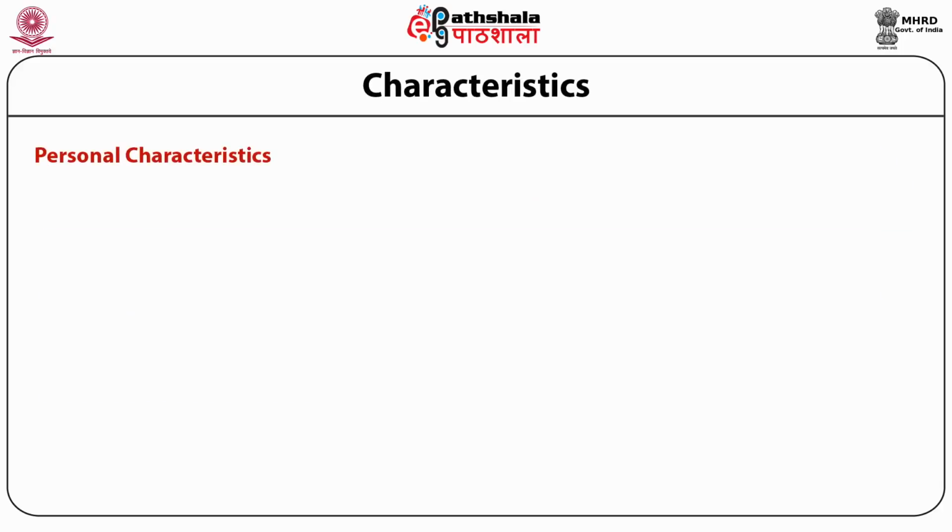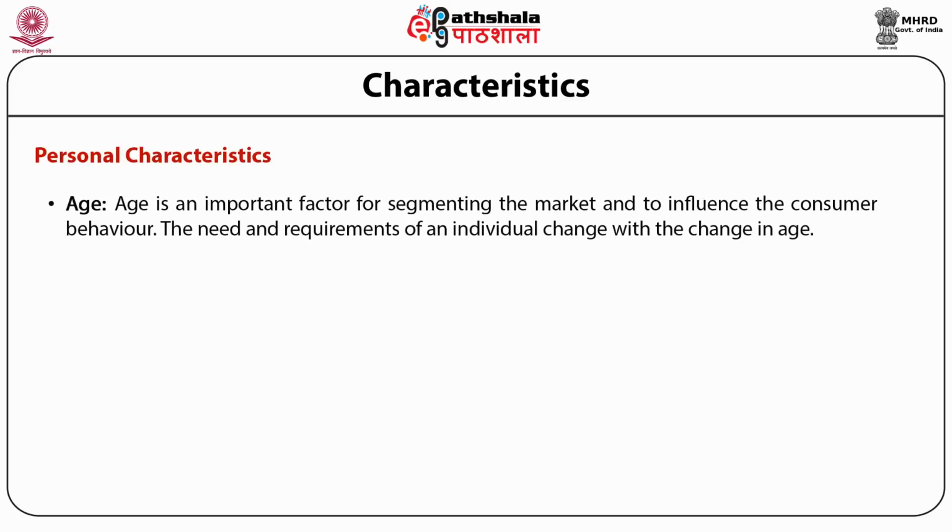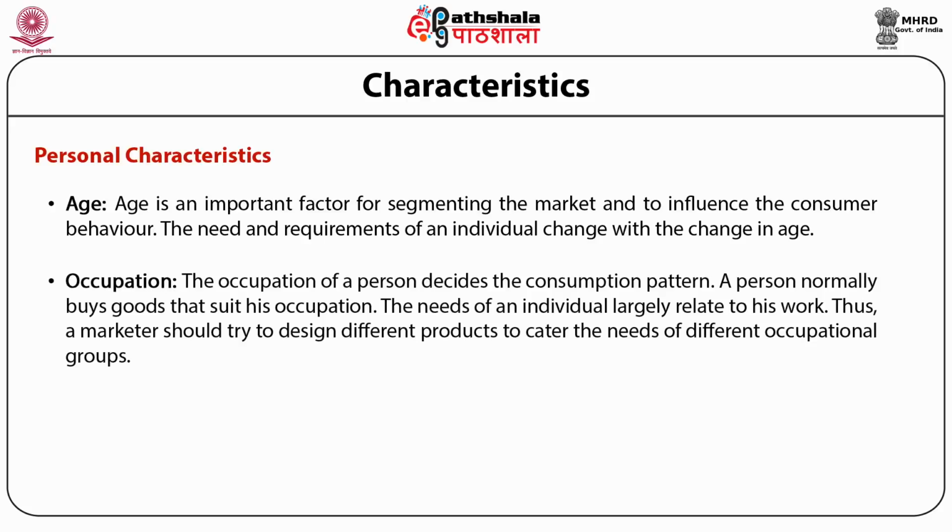Personal characteristics. It includes age. Age is an important factor for segmenting the market and to influence consumer behavior. The needs and requirements of an individual change with the change in age. Occupation. The occupation of a person decides the consumption pattern.